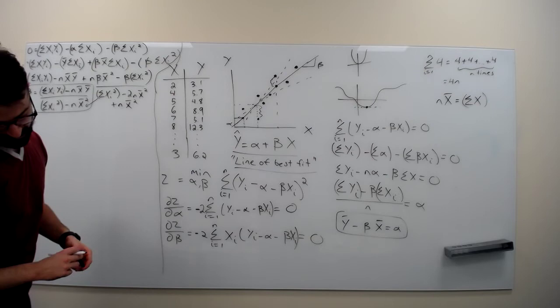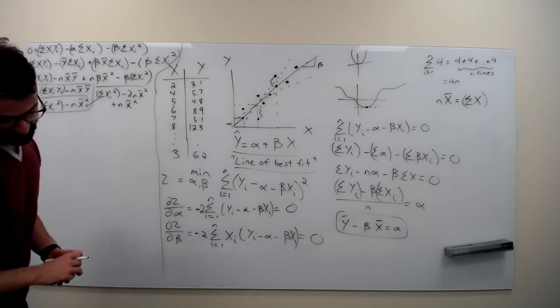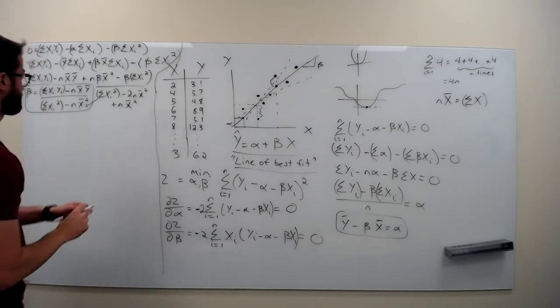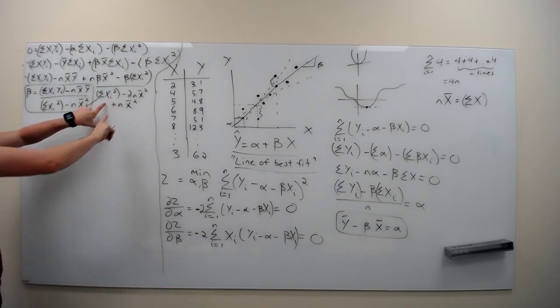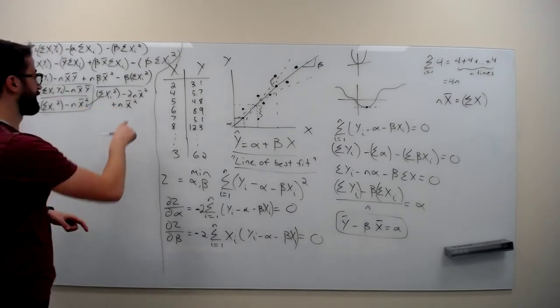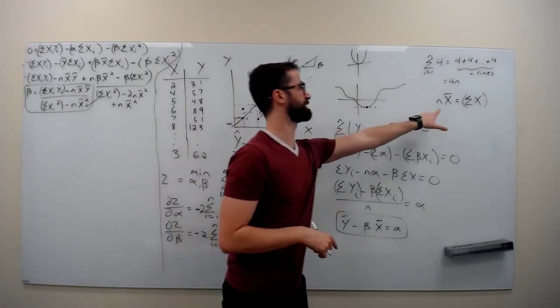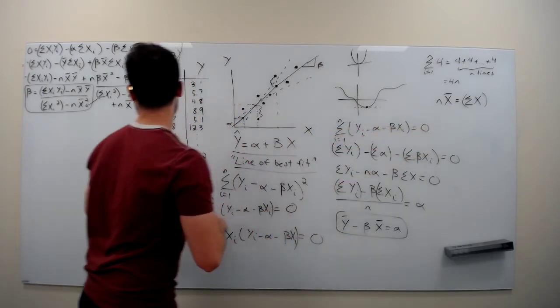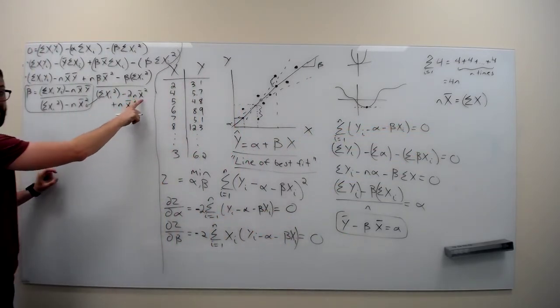What's really neat about that is that, first of all, we are starting to see something that looks like a quadratic expansion. And what we can do is reverse engineer our nice result over here. We have n x bar squared in this term.